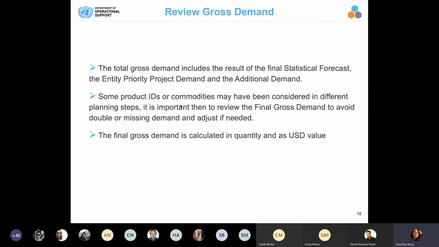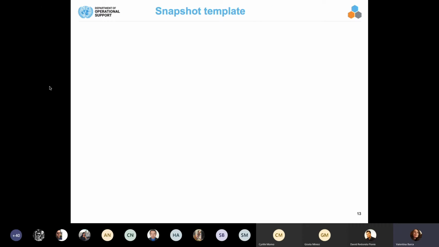So this is just another opportunity for the planner to review before calculating the final value. The final gross demand is calculated in quantity and value, and we know that. The template will calculate the final value of the quantity.